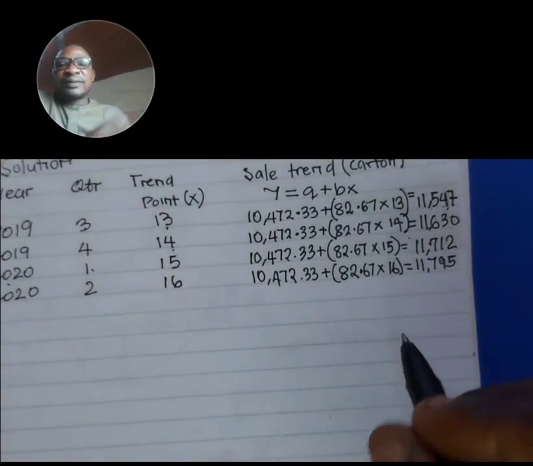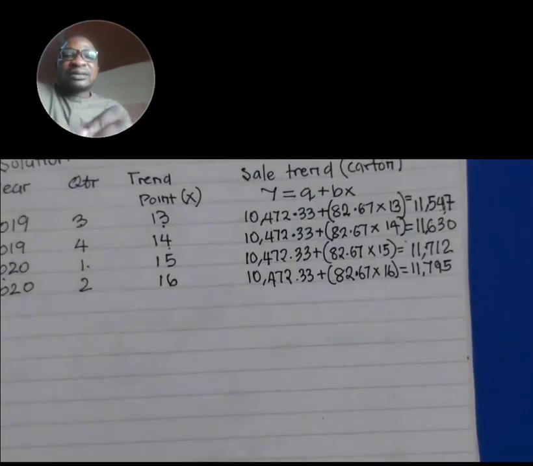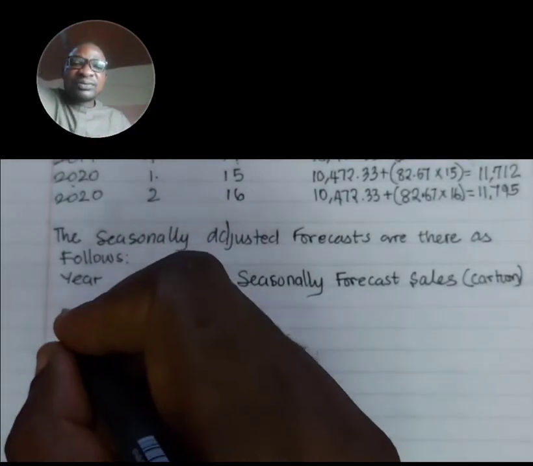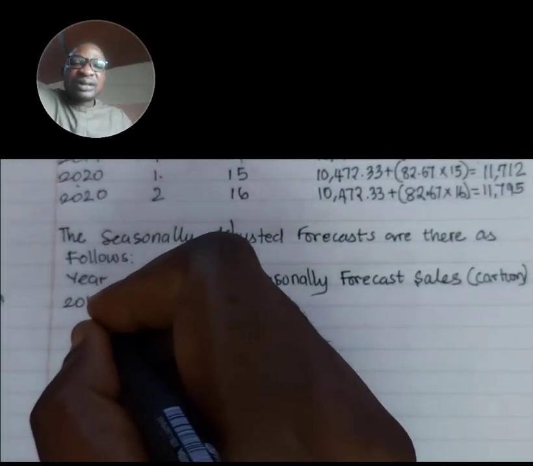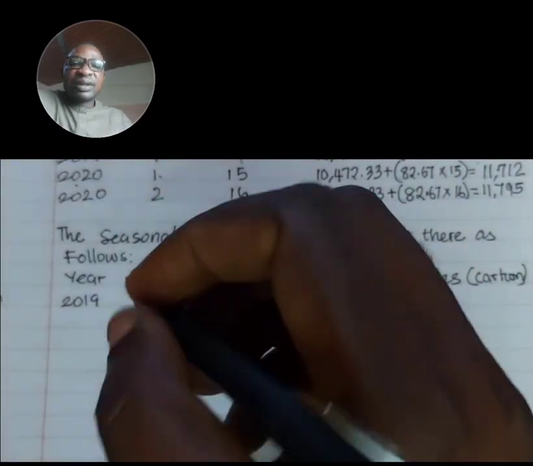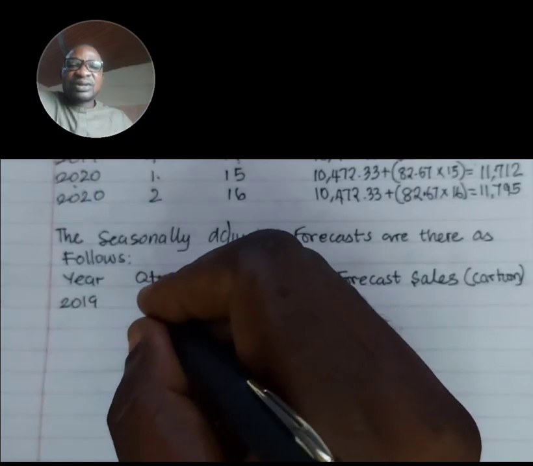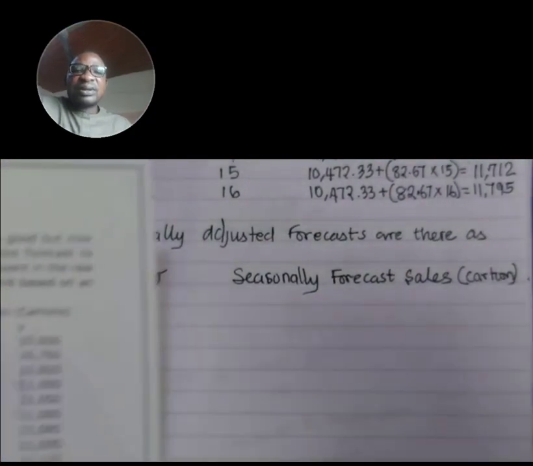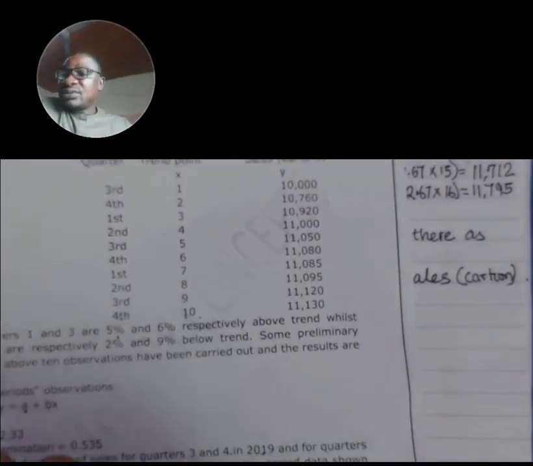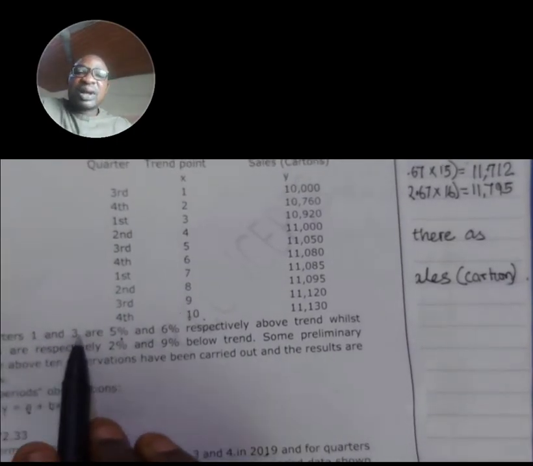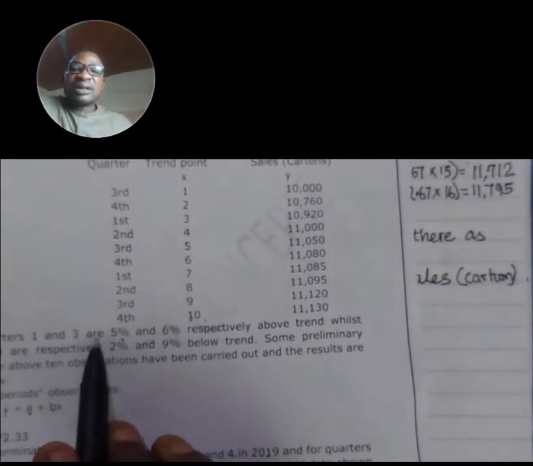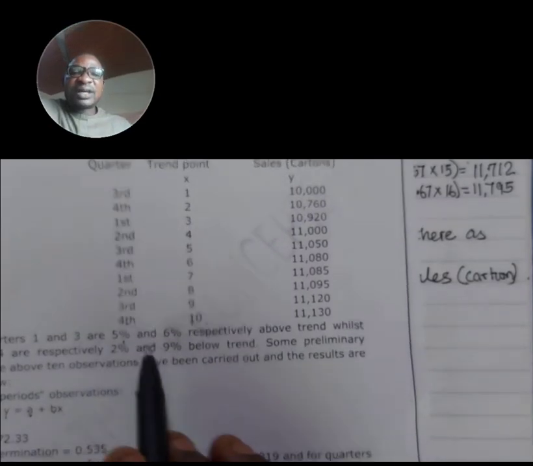So to get that, for year 2019, quarter 3, you have been told in the question that for quarter 1 and 3, there are 5% and 6% above.